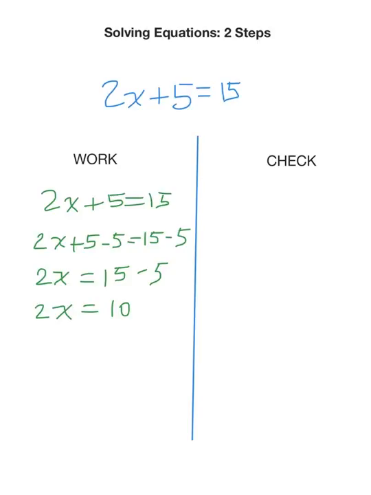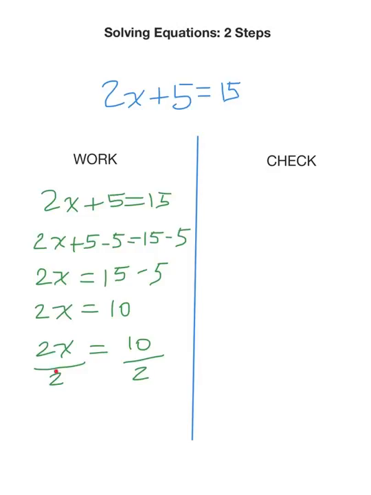Okay, now we're almost done. Now we need to get rid of this 2 over here. In order to get rid of this 2, the opposite of multiplication, so 2 times x, the opposite of that would be division. So what we would do is 2x divided by 2 equals 10 divided by 2.